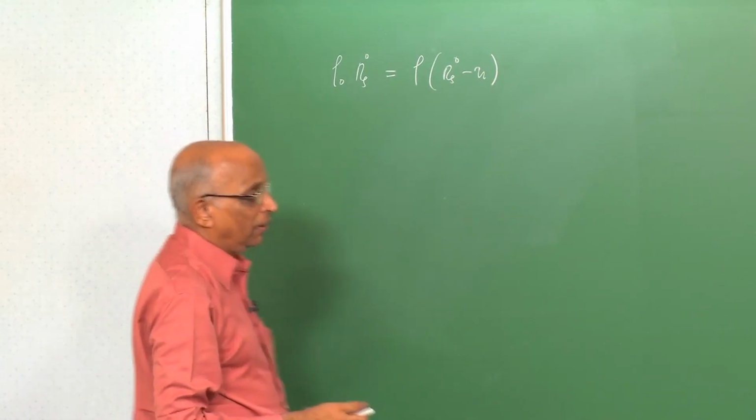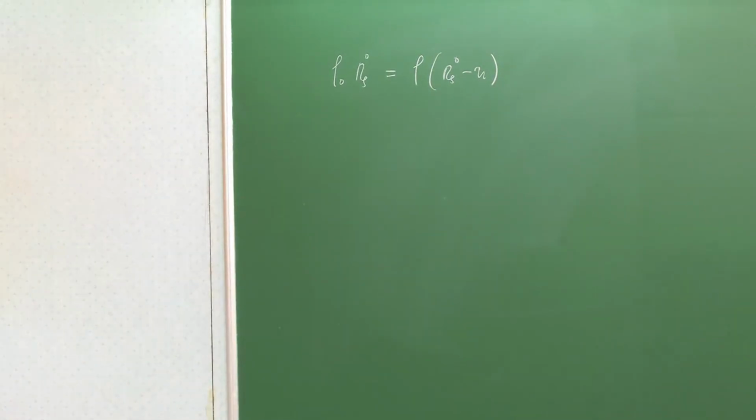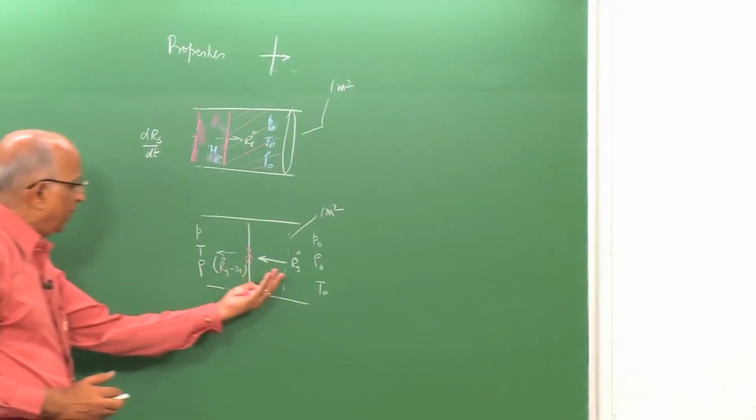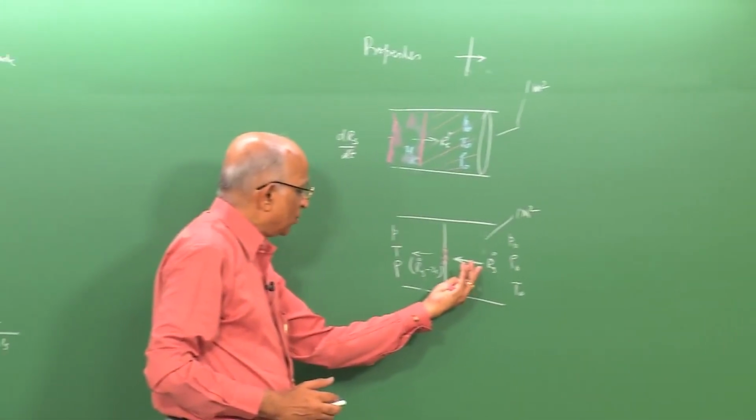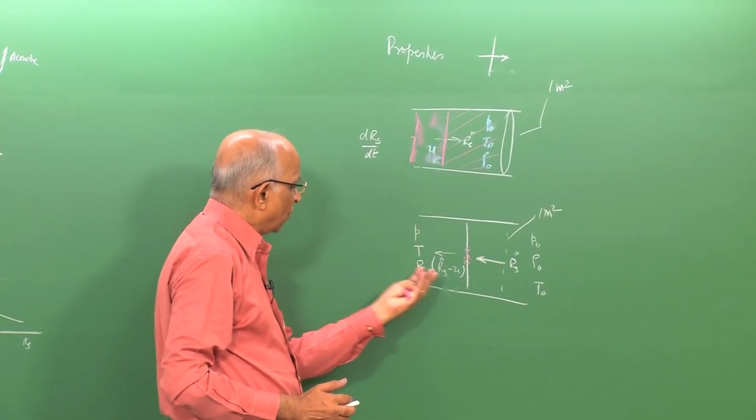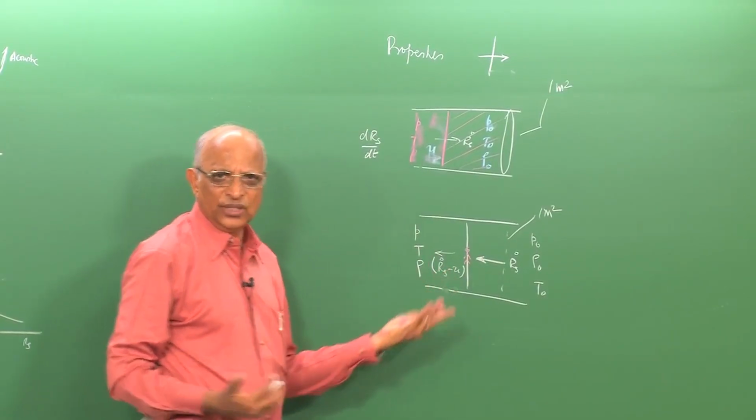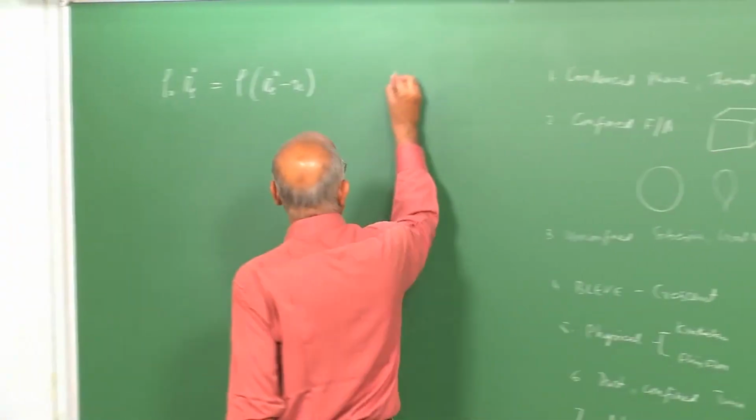What is happening? The mass flux which is entering is equal to rho 0 into R_s dot, the mass flux which is leaving is rho into R_s dot minus u, which is the continuity equation. Call it continuity equation, equation 1.